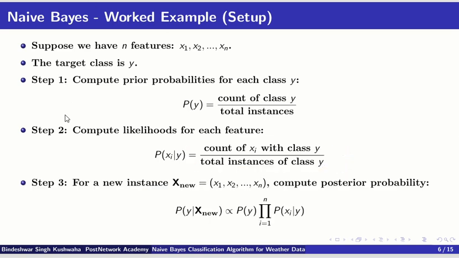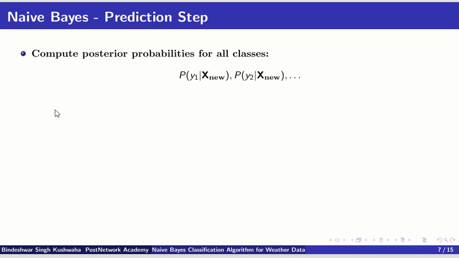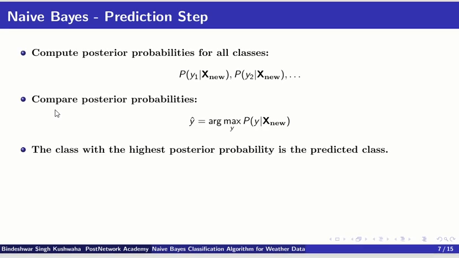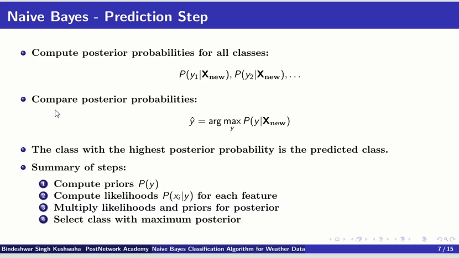After computing these, for a new instance we will compute the posterior probability. We will compute posterior probabilities for all classes and compare, and the highest posterior probability is the predicted class.